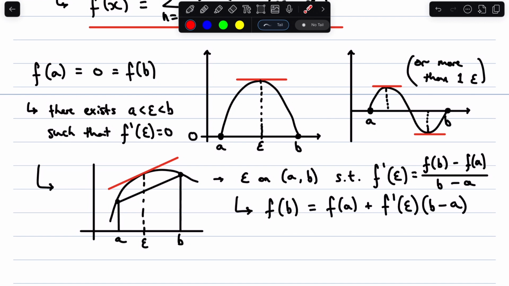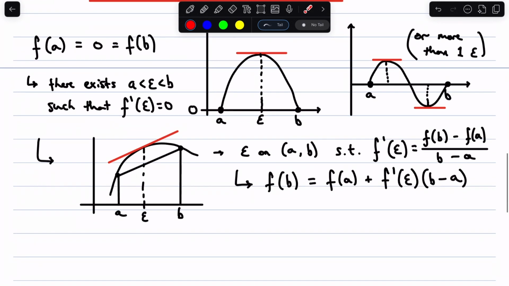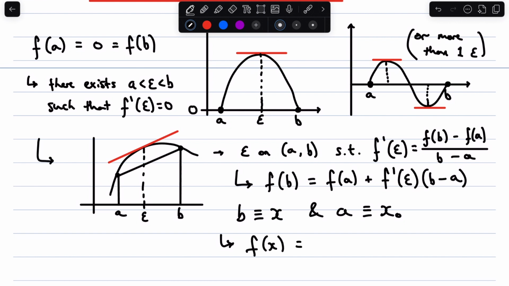So having that, we can rearrange it, multiply across and add the f of a to the other side, and we'll get that f of b is equal to f of a plus the derivative of f at epsilon times b minus a. Now, if we say b we're just going to call x, and a we'll call x naught, then this looks very familiar. We're going to have f of x equaling f of x naught plus f prime of epsilon times x minus x naught.